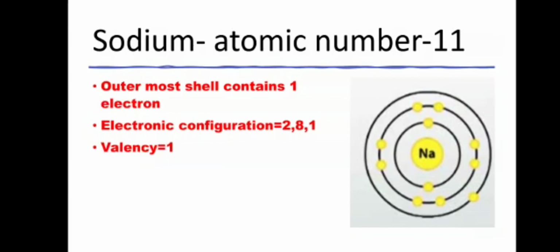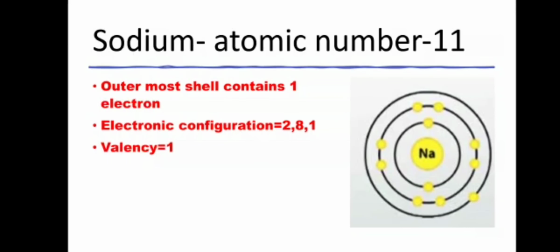So 8 electrons will go there. Then one more is left. That will go to the M shell. K over, L over, then it goes to M shell. It can accommodate 18 electrons, but here we told subshells are there. So there also it will go, right? While writing the electronic configuration, we will write like 2, 8, 8, 8.